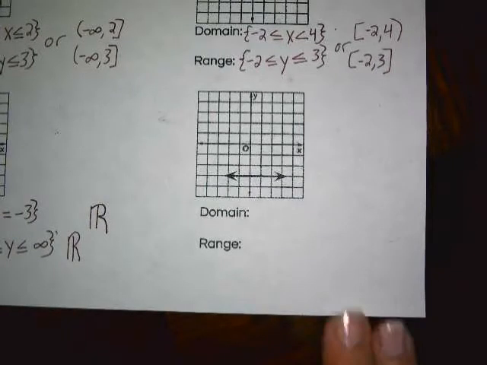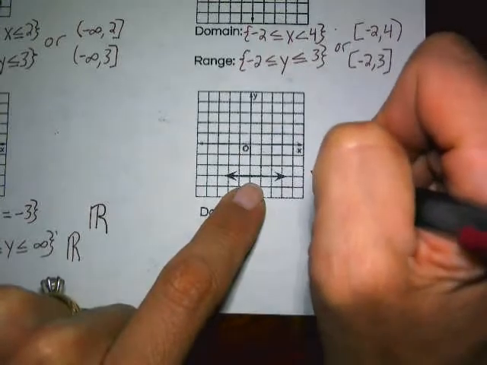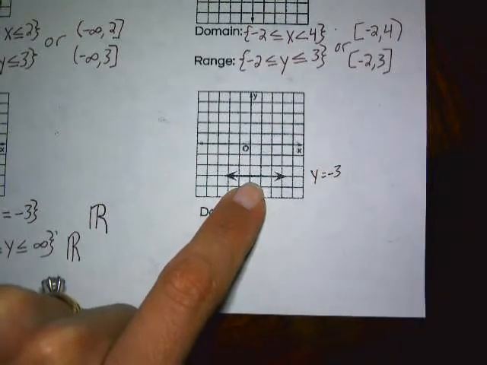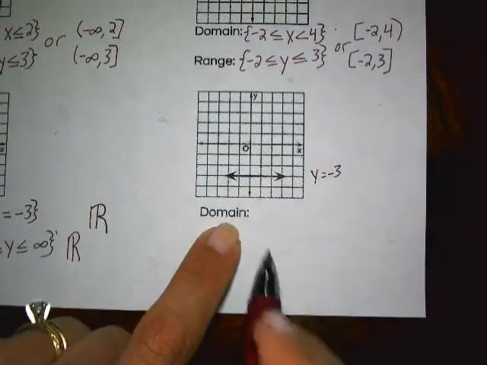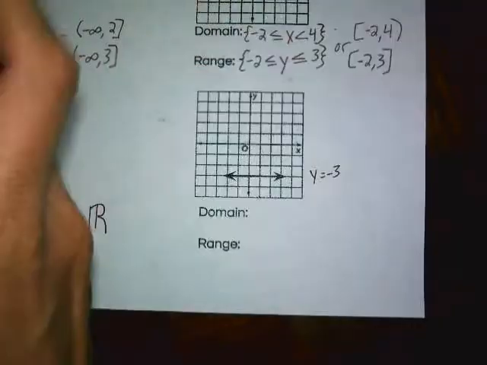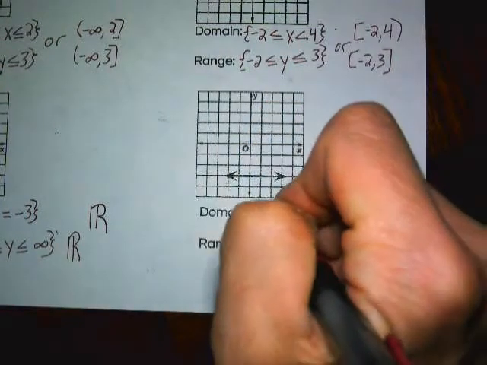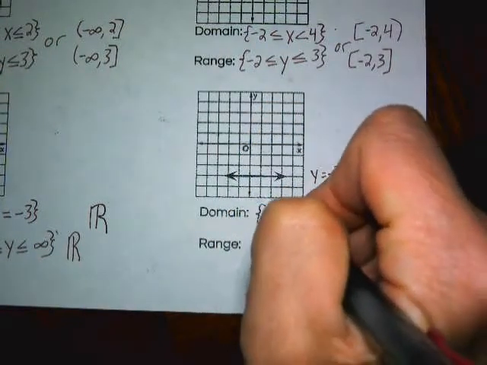And a horizontal line at the point y is equal to -3. Well, our domain, how far left to how far right, is negative infinity to infinity this time. So I'm going to do it the exact same way.